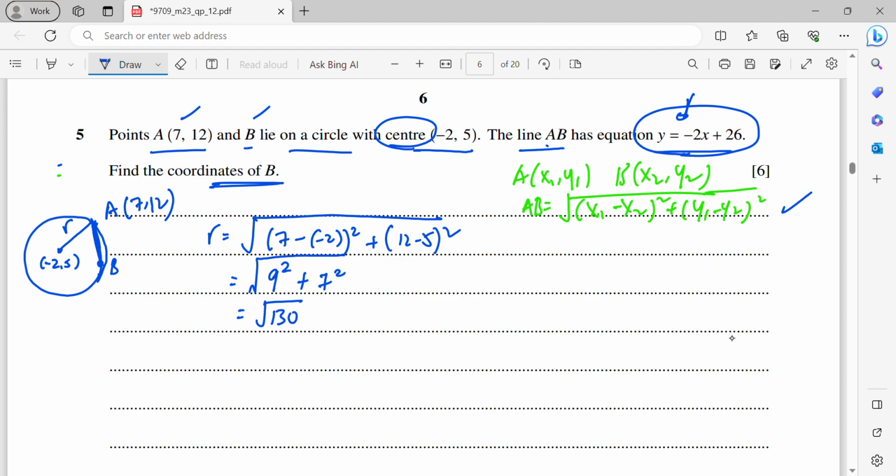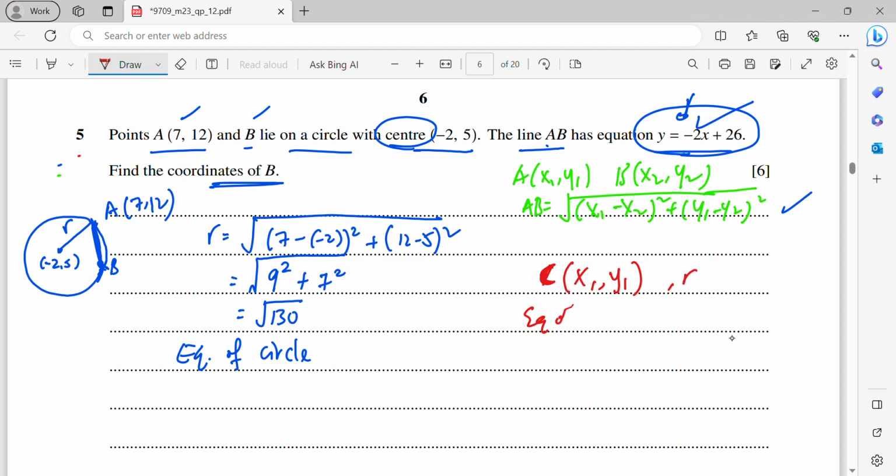Okay, so now I need to find the points B, but I notice that my points B are actually the intersection points between the line, which is given, and the circle. So my next step is to get the equation of the circle. For the equation of a circle, let's say the center has coordinates x1, y1, and the radius is r.